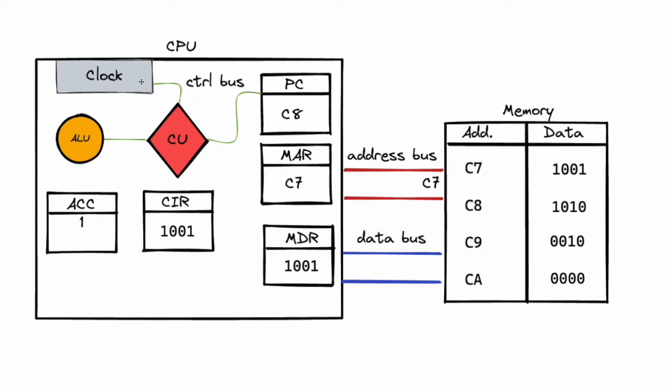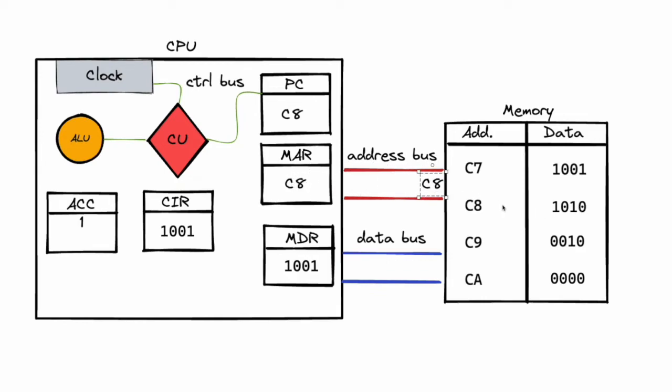Then the system clock will signal, and it's time to start again. So this time we go back to the program counter, and we see that we have C8. Okay, so C8 gets copied over to the MAR. It then gets sent back along the address bus.